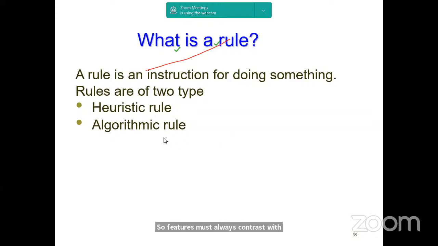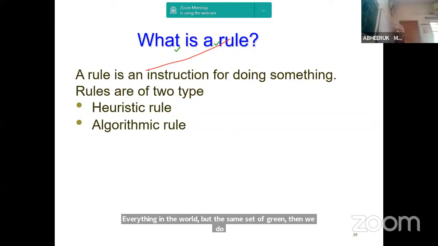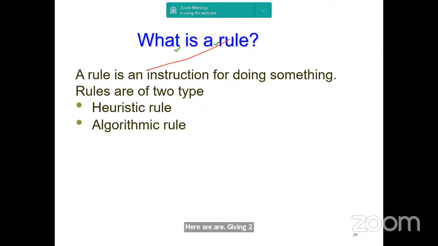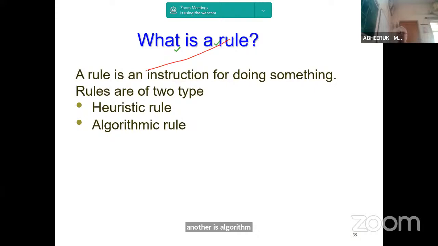Now, when you are combining the different features through a rule, what are the different types of rules? Here we are giving two rules. One is called heuristic rule, another is algorithm. A heuristic rule is what we call a thumb rule.